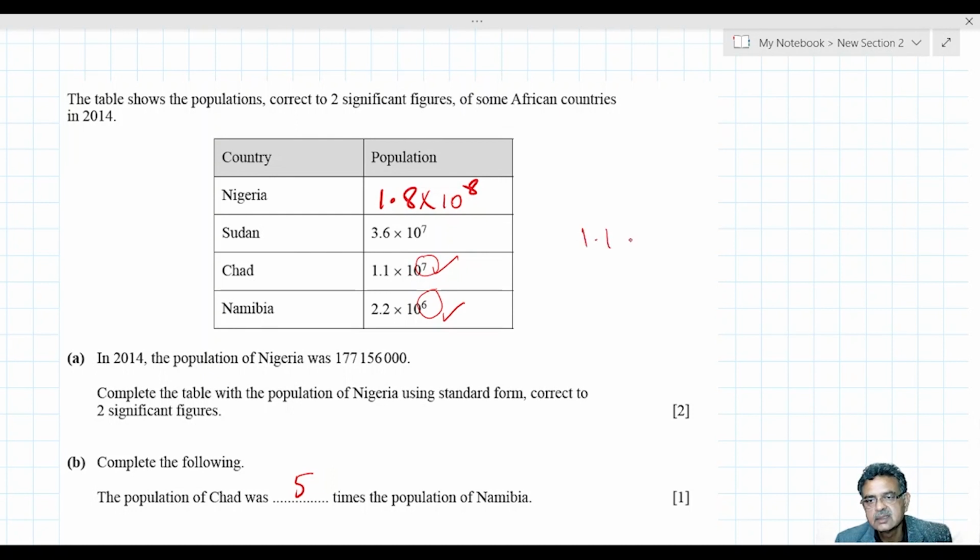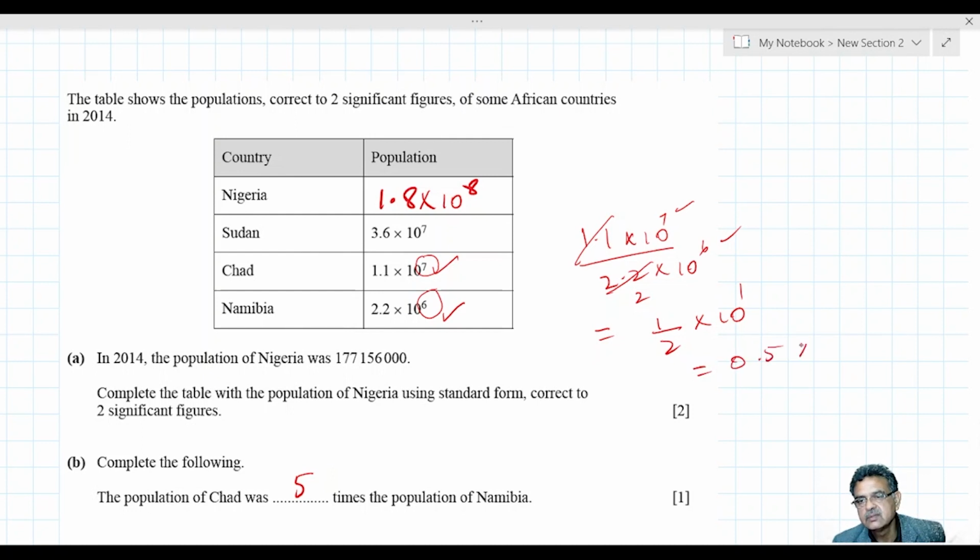So this is larger, 10 power 7, and divided by the smaller, that will give you the answer. 1.1 2 times is 2.2. 1 upon 2 into 10 to the power 7 minus 6, 1. Now half means 0.5 into 10. So 0.5 into 10 is 5. So that is 5 times here.